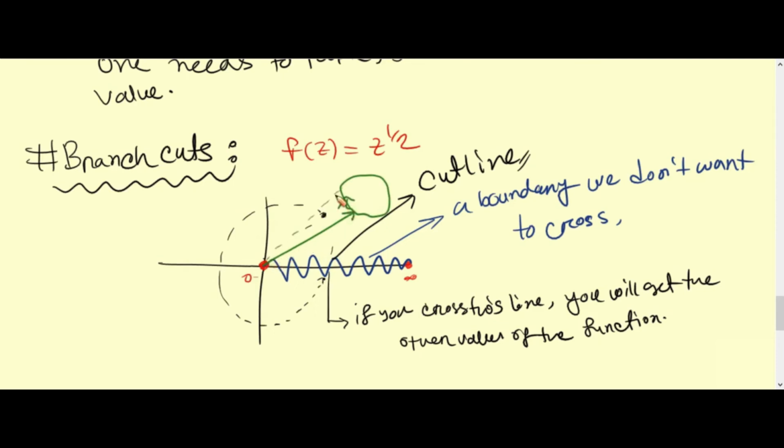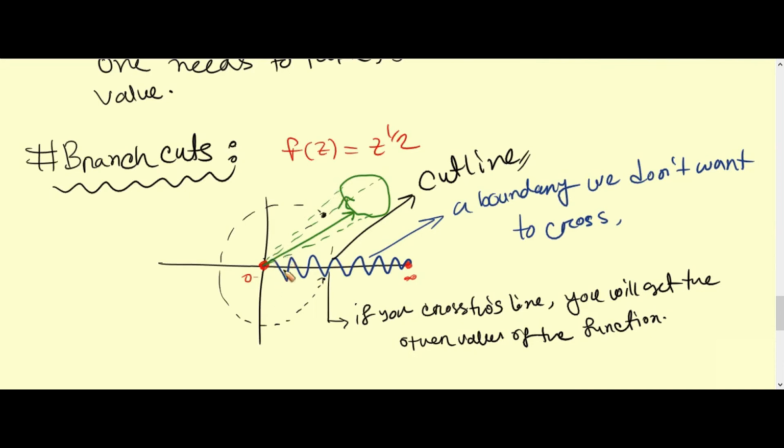So whenever you are here, this vector or the arrow will revolve like this. But in this case, you are not enclosing the branch point, and you are not trying to cross the branch cut. And this is how you can restrict some region and make your multi-valued functions into single valued functions, and also preserve the analyticity of that function.